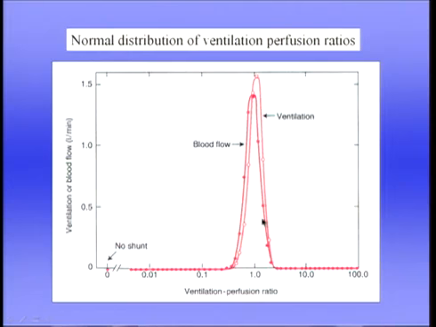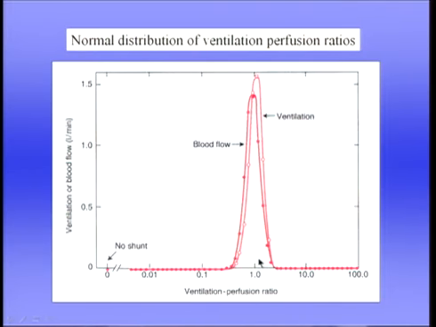The only reason why we show those regional differences is that it's an easy way, in my opinion, of seeing the way in which the ventilation-perfusion ratio affects gas exchange, because there's a nice pattern in the normal lung. But the normal lung is very efficient for gas exchange, as you can see here. So that's the normal situation where ventilation and blood flow are clustered around the normal value of 1.